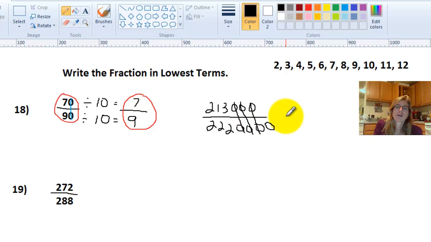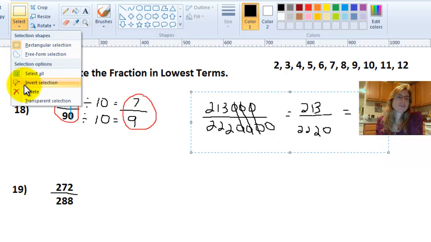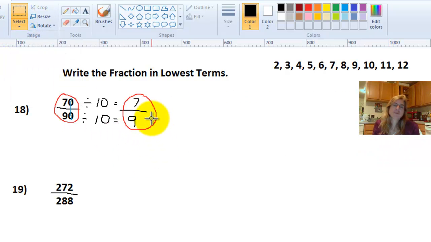That leaves 213 over 222, and this 0 here. And then you would start to be able to reduce that. So you can just knock off the zeros and get the reduced fraction. And wherever that comes up again, we'll do it again. Alright, so that was easy.